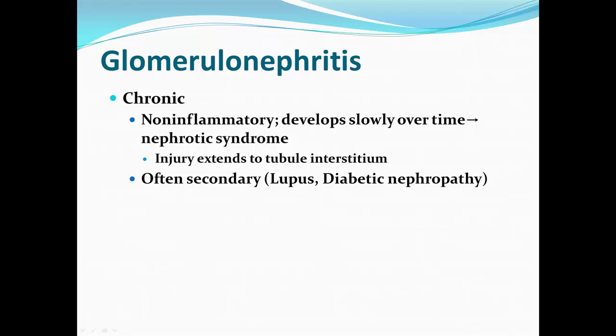A chronic glomerulonephritis is frequently secondary, and as I said, tends to lead to nephrotic syndrome over time. Two of the pathologies that can lead to a chronic damage of that basement membrane are lupus, because of the autoantibodies and deposits in the glomerulus, as well as diabetic nephropathy.